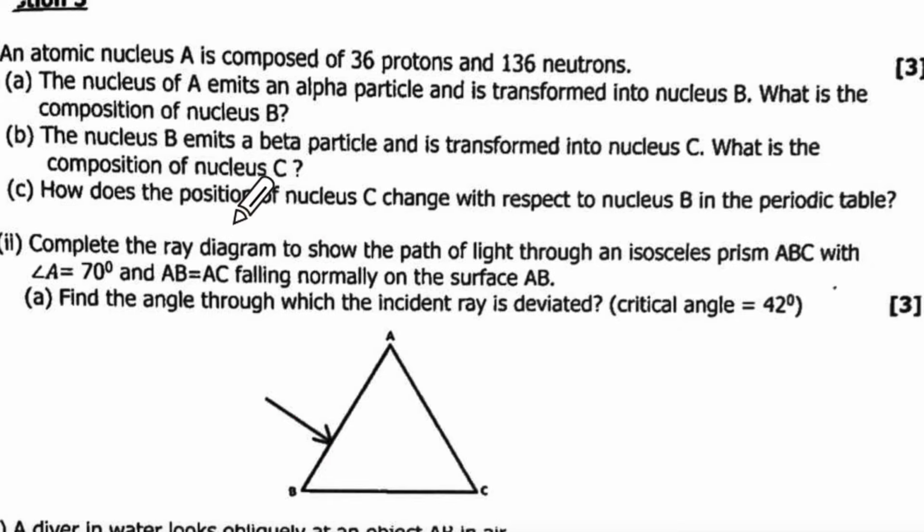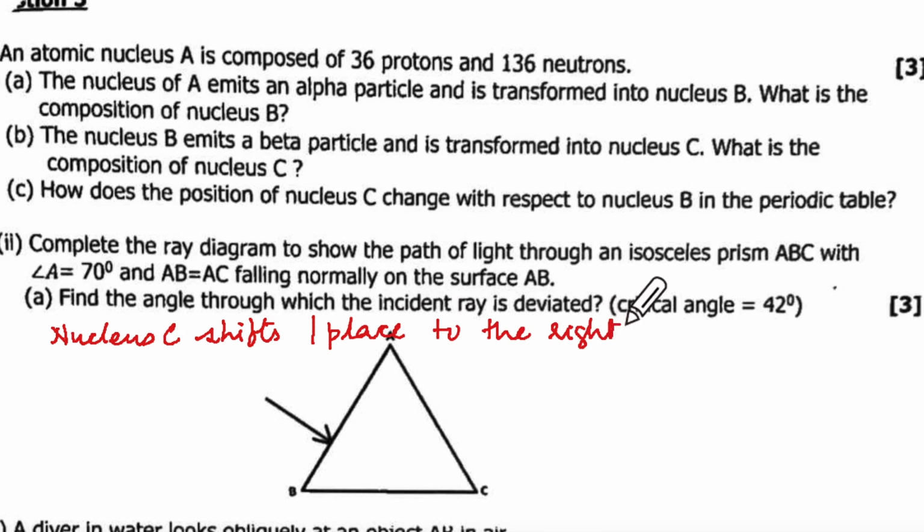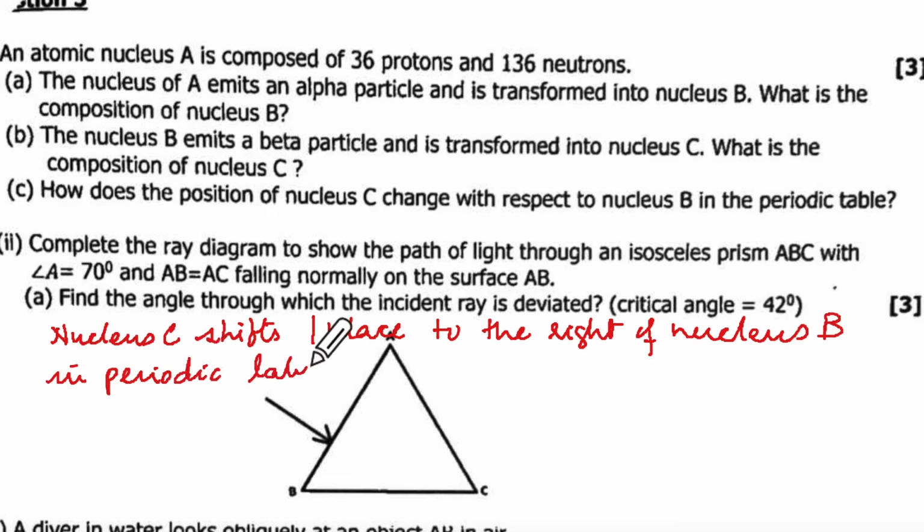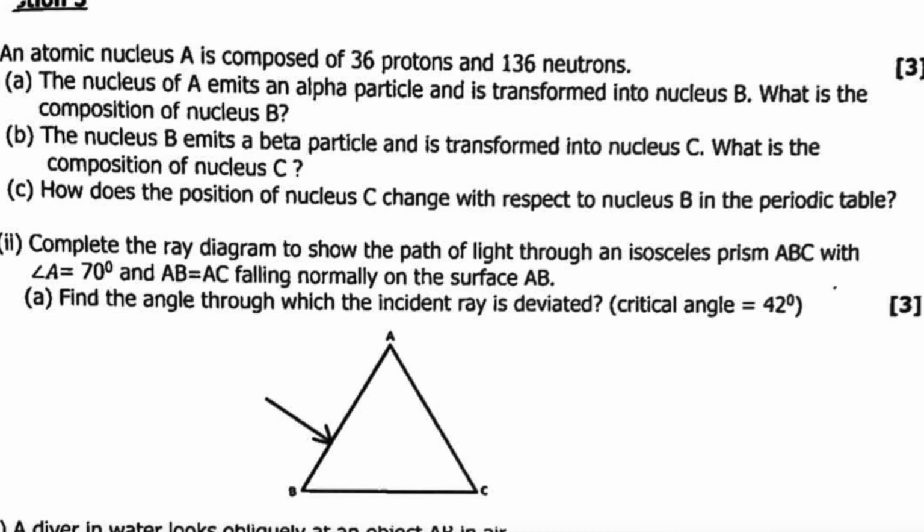So you will say nucleus C shifts one place to the right of nucleus B in the periodic table, right over there in the same period.